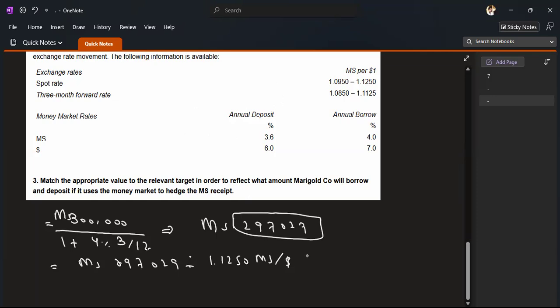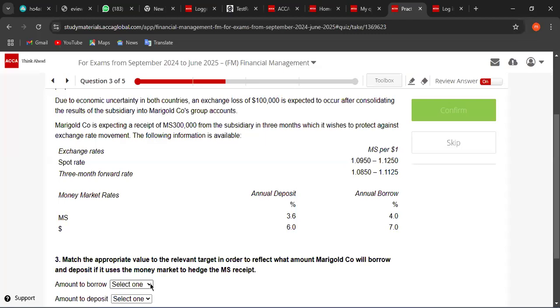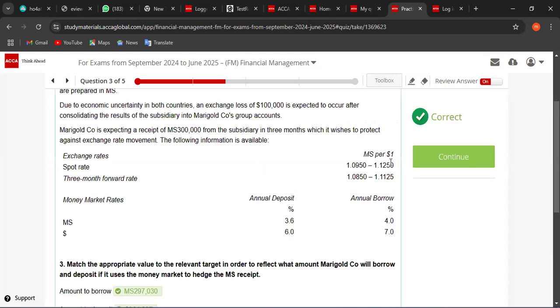So how much are you getting in dollars? 264026. These are the answers. 297029, this one. And amount to deposit, what was that? 264026, this one. This is the answer. So you only have to apply the money market hedging.